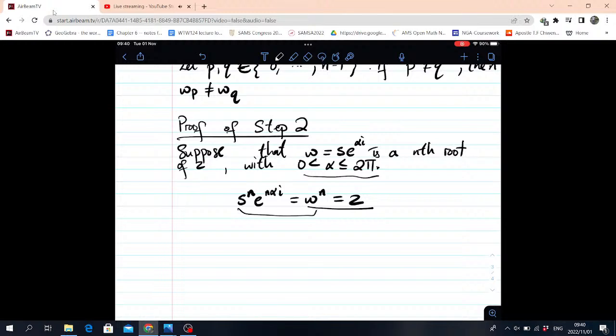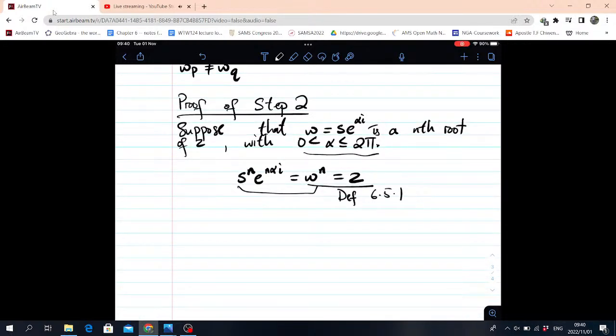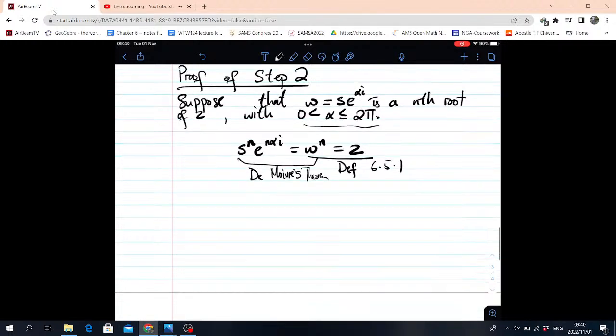And then this other part, we know this is true by definition 6.5.1 in the textbook. And then the other part here is true by de Moivre's theorem, right? Because we know that if you take the power of some complex number, then you're going to take the power of the modulus and then multiply the argument by the power, right? Like that, right? So we know this is true.